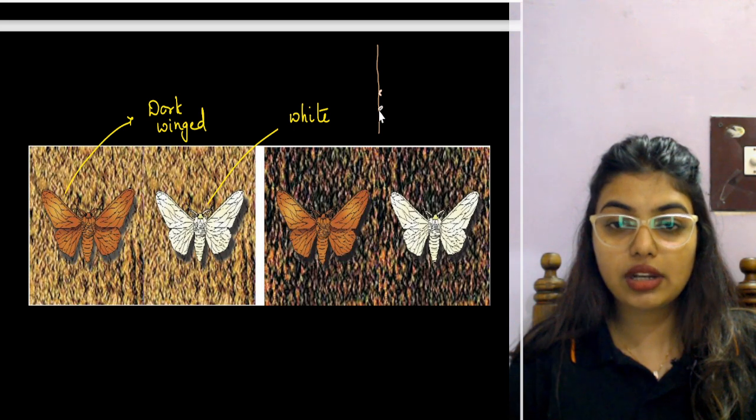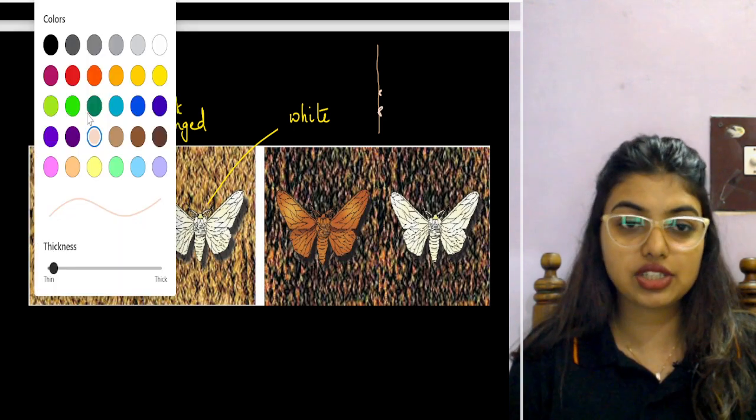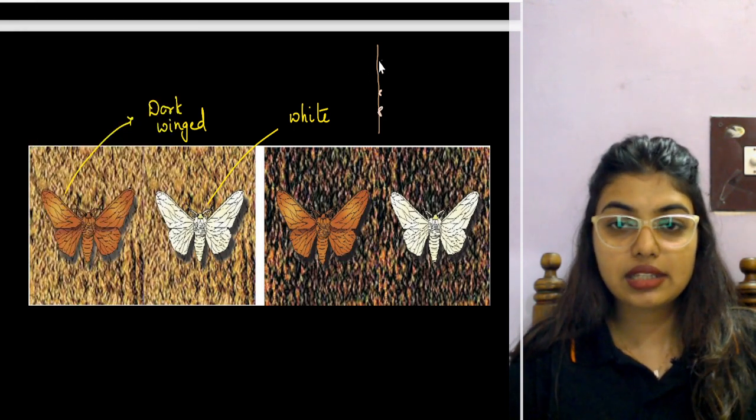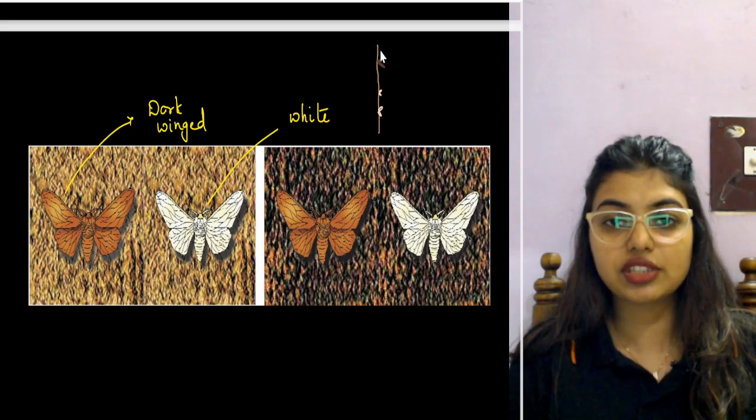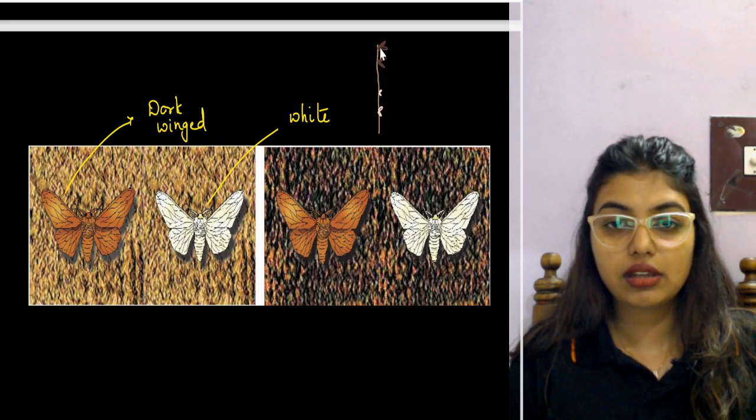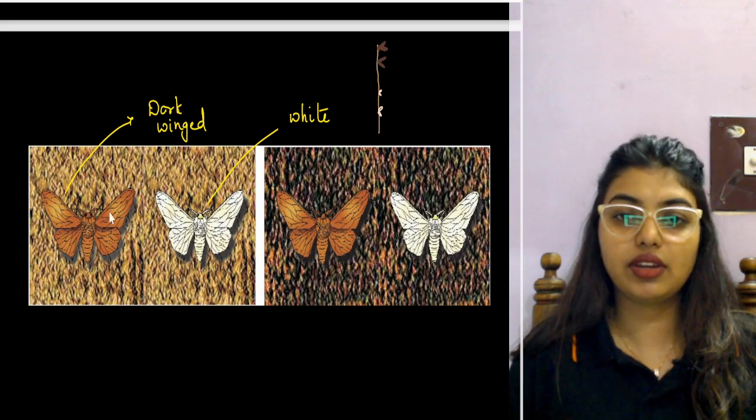The predator couldn't have identified them on a larger scale. But imagine there is a moth like this. Again, you might argue, ma'am, this is not visible for us.